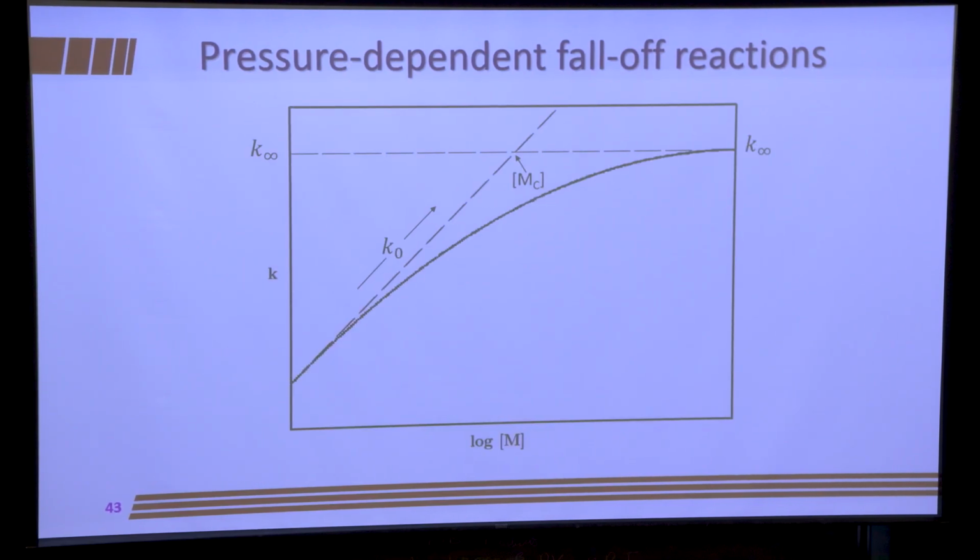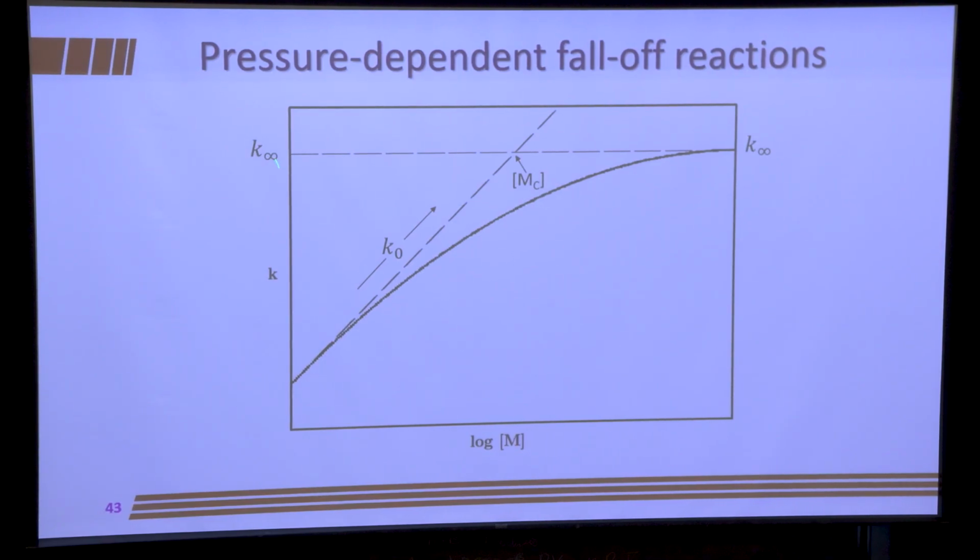Okay, so if we have A giving us products, in this A plus M giving us products, we plot rate constant on the y-axis versus log of the concentration of M on the x-axis. If everything was perfect, the rate of reaction should increase to infinity, assuming that we would have infinite concentration, then the rate constant would go to infinity, but it doesn't.